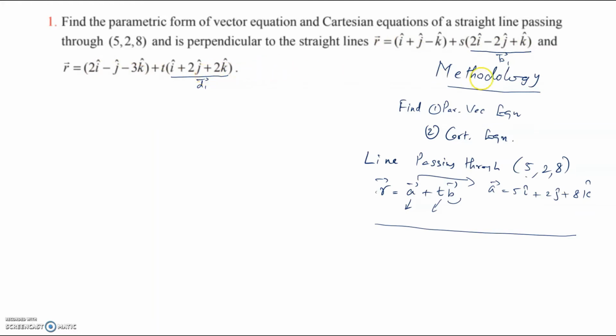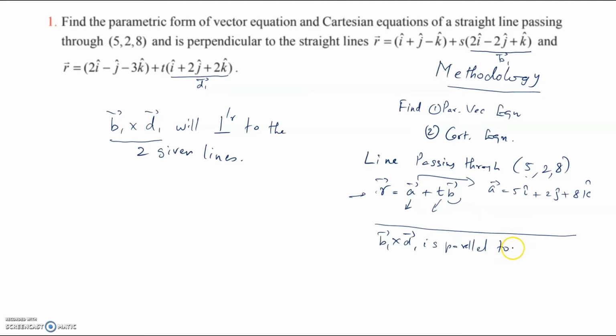So, if you do a cross product of B1 vector with D1 vector, it will be perpendicular to the two given lines. Since this is perpendicular to these two lines, it is going to be parallel to our required line.